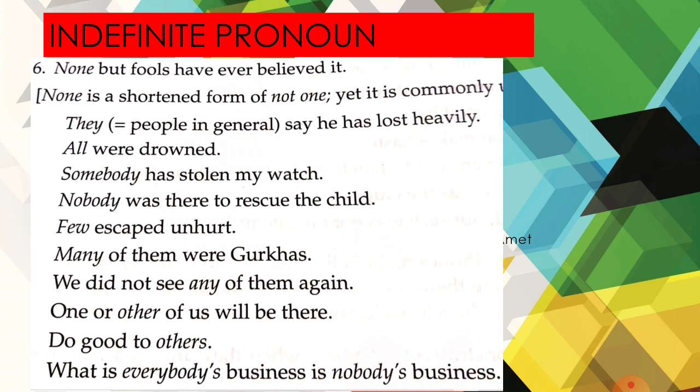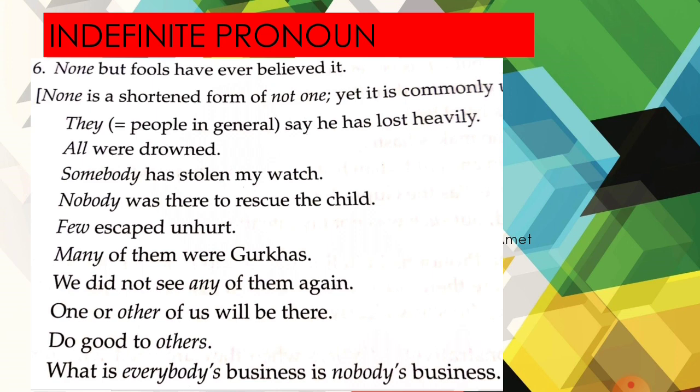Any. Some were paid in gold, some in silver. Again, some. Some were for surrender, more for an advance. So, again, some is there and more is used instead of many. If anybody knows the truth, let him tell it. Again, anybody is indefinite.